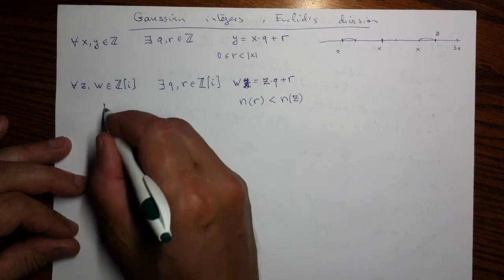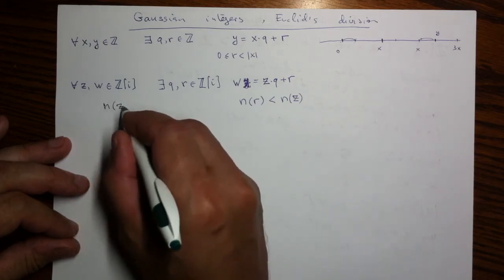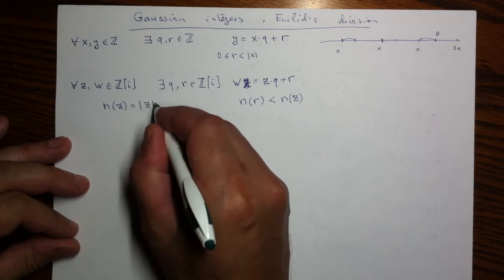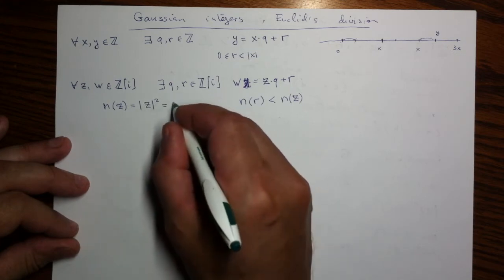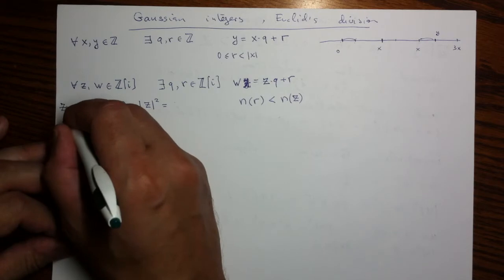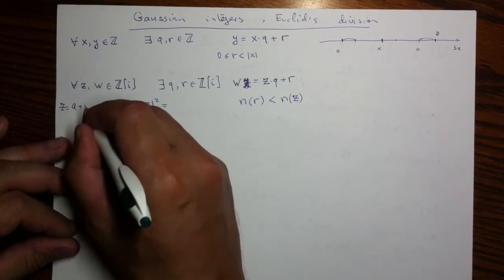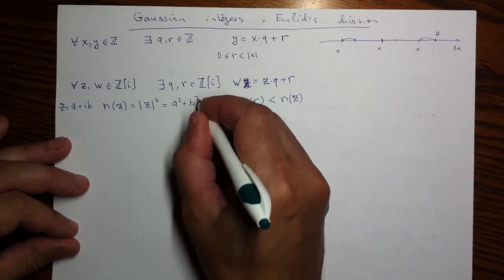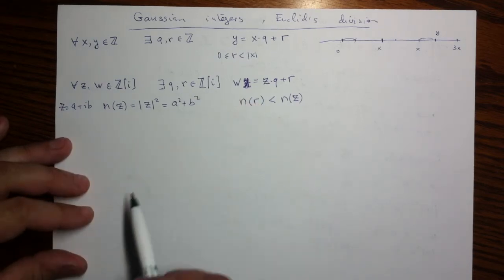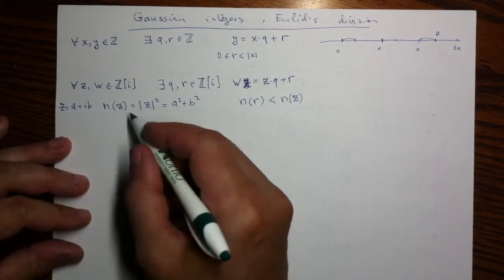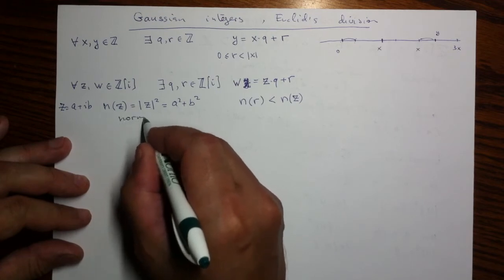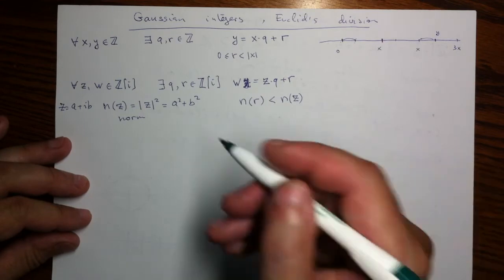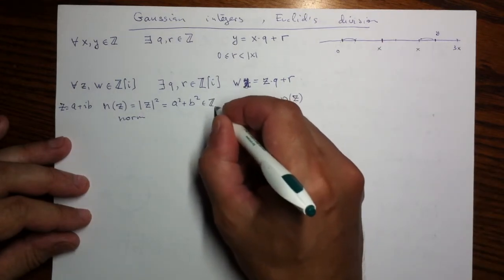Here the norm of z, the squared absolute value of the complex number, if z is written as a plus ib, will be a squared plus b squared. So for any Gaussian integer, the norm will also be an integer, and moreover a non-negative integer.